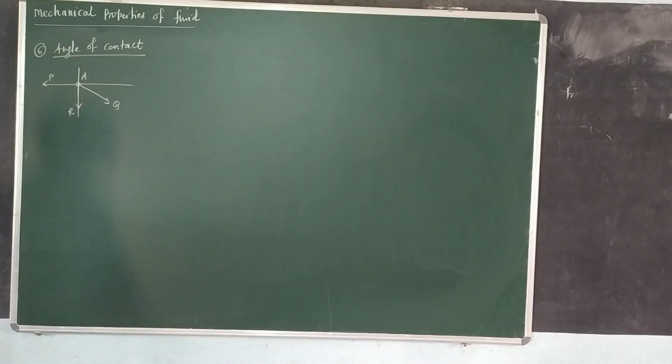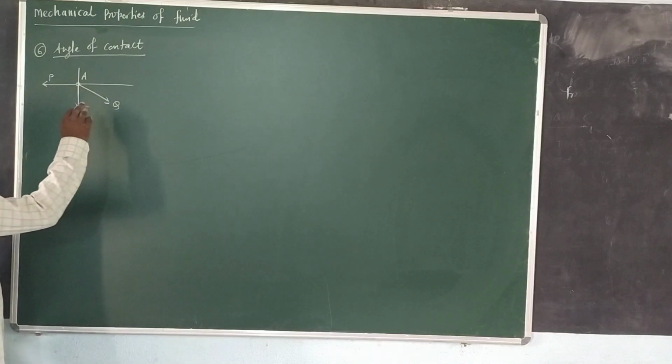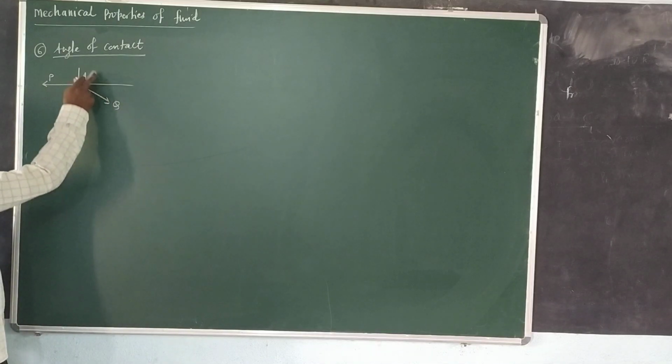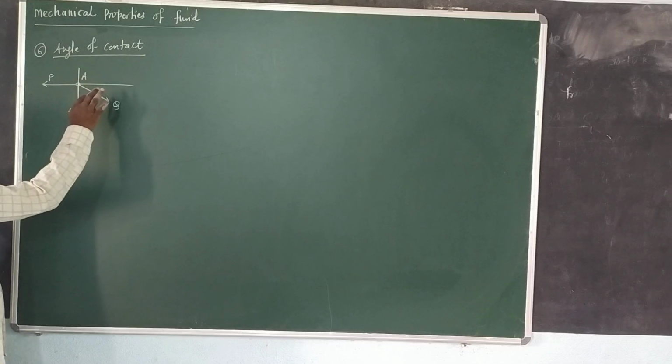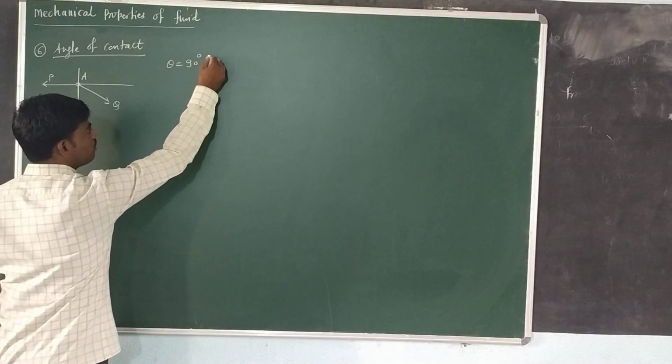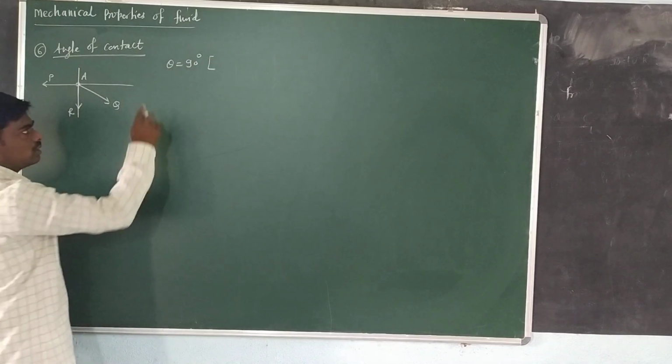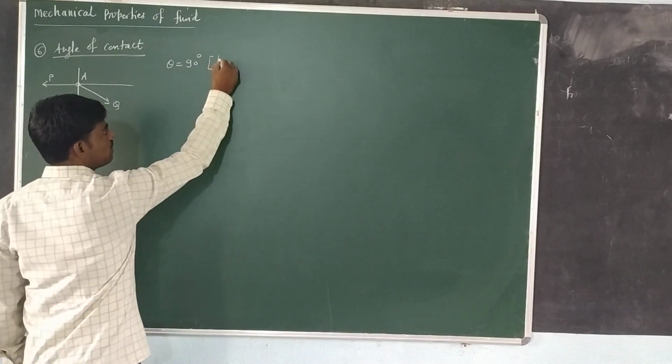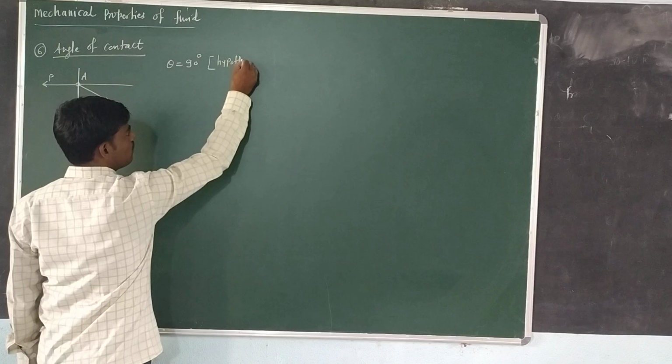AR is the resultant force. If we consider the hypothetical condition, I have drawn here the diagram for the hypothetical condition where the angle of contact is 90 degrees. Remember, theta 90 degrees is a hypothetical condition.